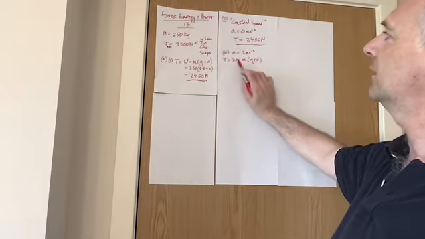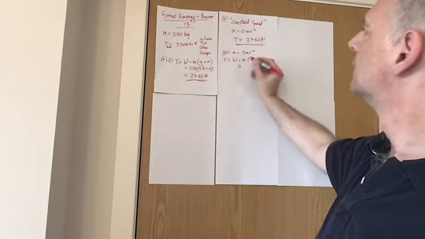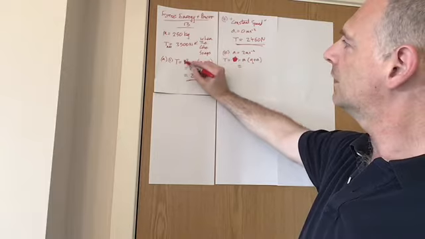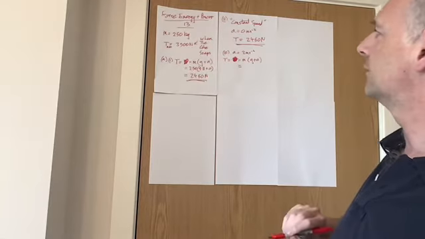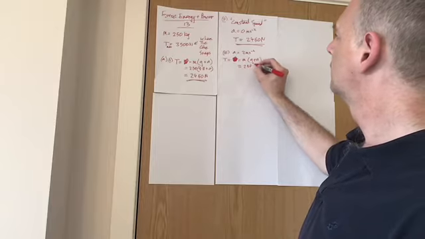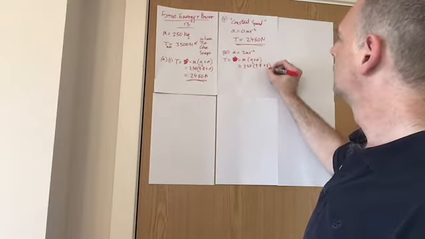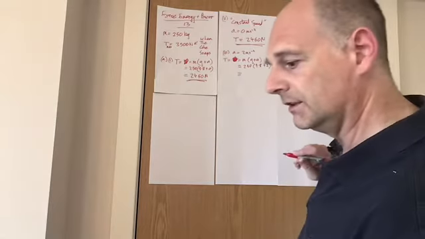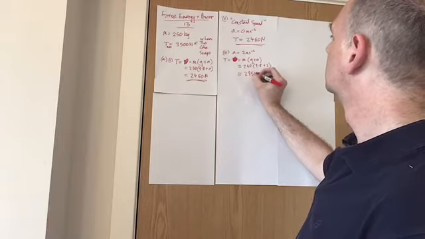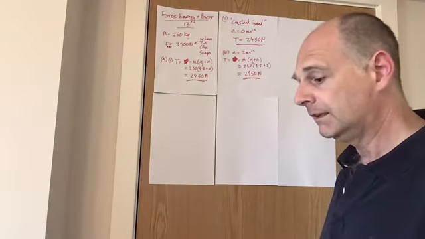So I'm counting this has got to be equal to that. I could shorten it down like so if I really wanted to. So once again, 250 times 9.8, but this time plus 2, so that's going to give us 2,950 newtons.